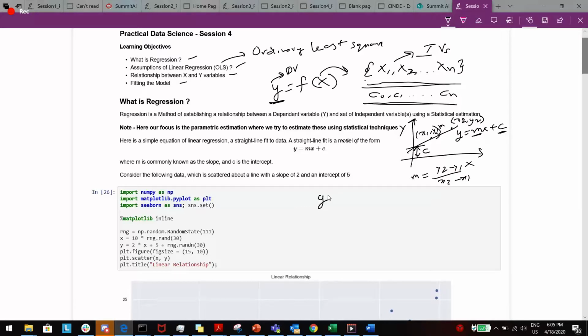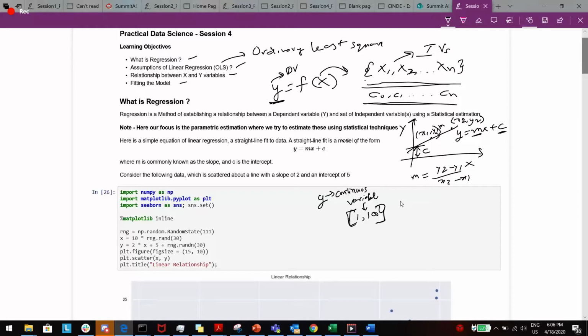When you come to linear regression, this is a continuous variable. If you try to restrict y in the range of 1 to 100, it can take any value in between 1 to 100, irrespective of whether it is a floating point number or an integer. That is what I mean by continuous variable.